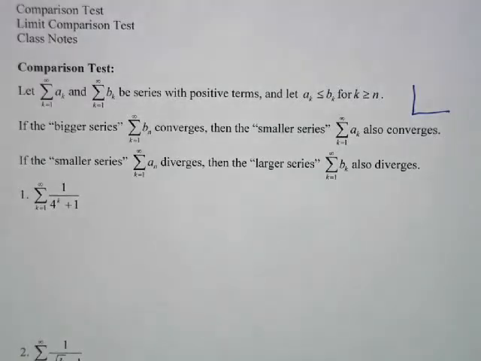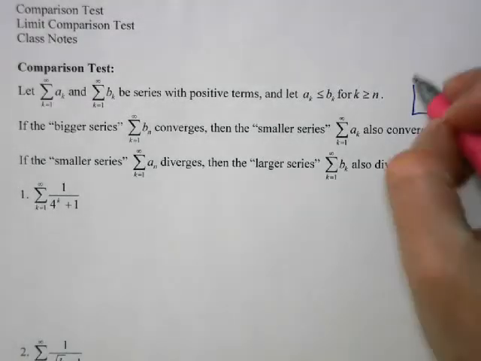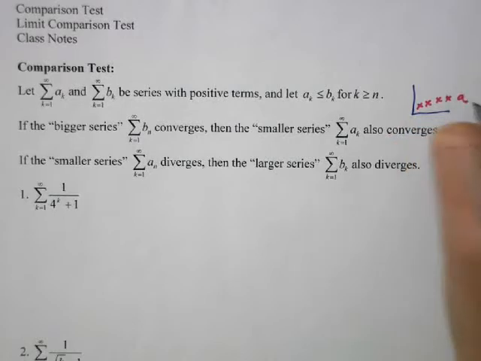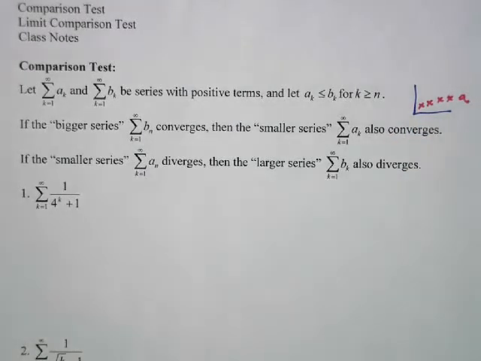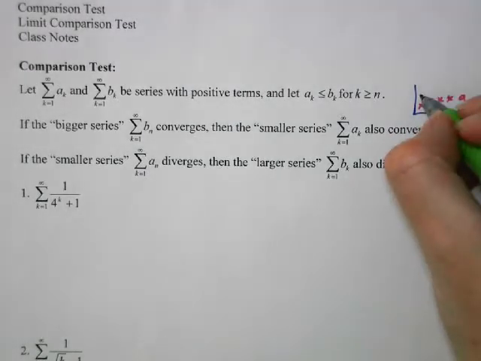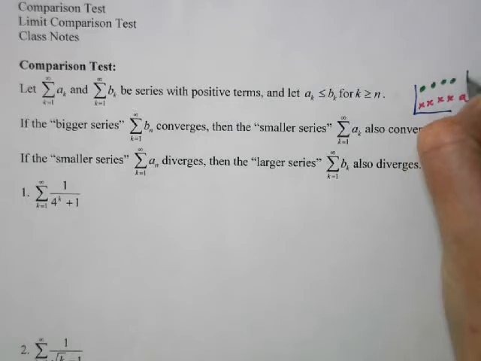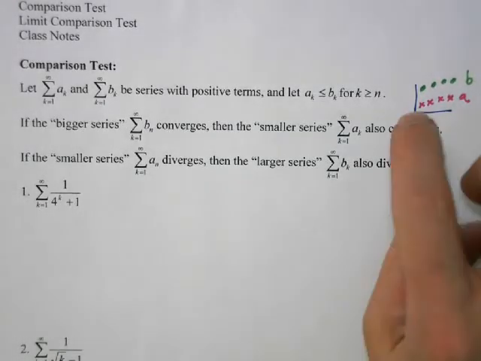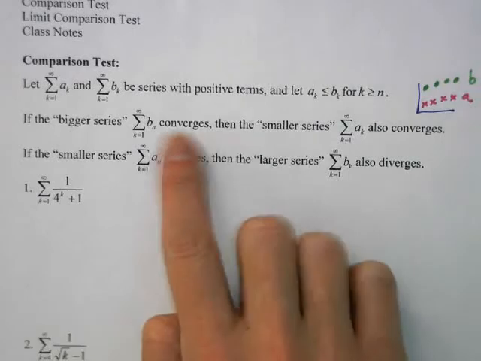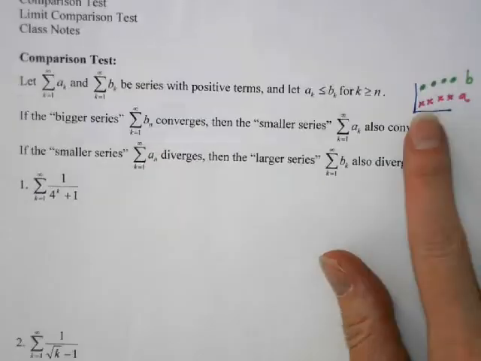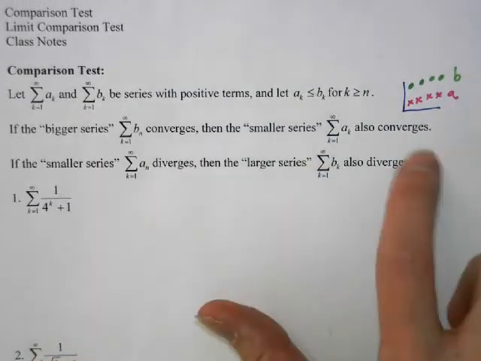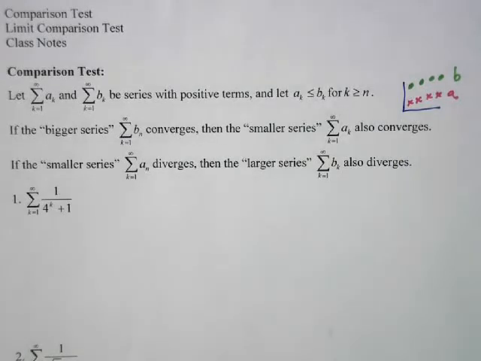So if we have a small series A and a big series B, there are two conclusions that can be made. If the big series comes to a limit, which means it converges, then the smaller series also has to. If the smaller series diverges, then the bigger one also has to diverge.